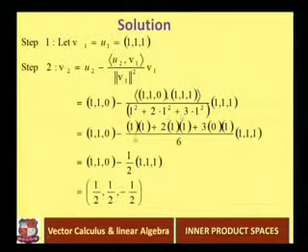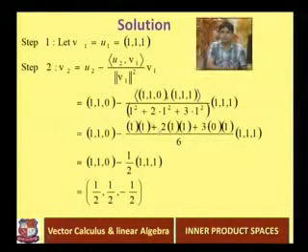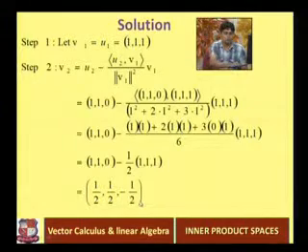The value is (1, 1, 0) minus [1 times 1 plus 2 times 1 times 1 plus 3 times 0 times 1, that is the first element of u2 with the first element of v1, plus 2 times the second elements, plus 3 times the third elements of these two vectors] upon 6. The resultant v2 is (1/2, 1/2, minus 1/2).